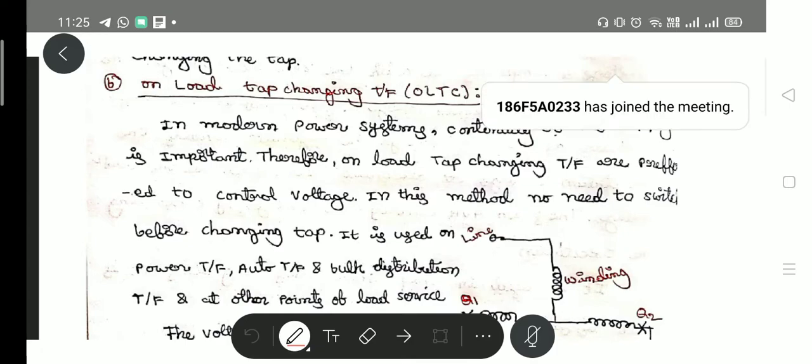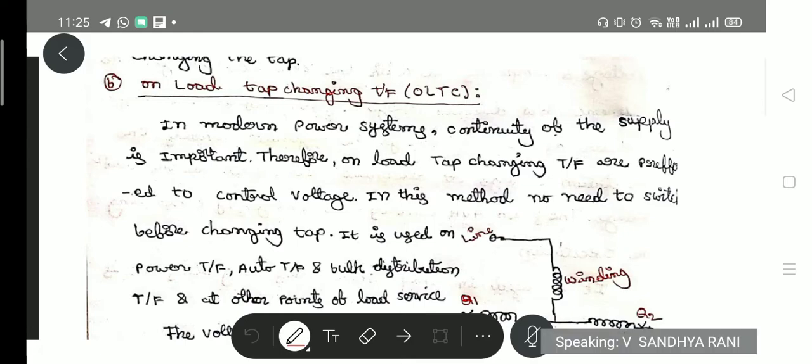We can change the tap directly. In this method we use power transformers, auto transformers, and bulk distribution transformers. Most of the time, on load tap changing transformers are used nowadays.